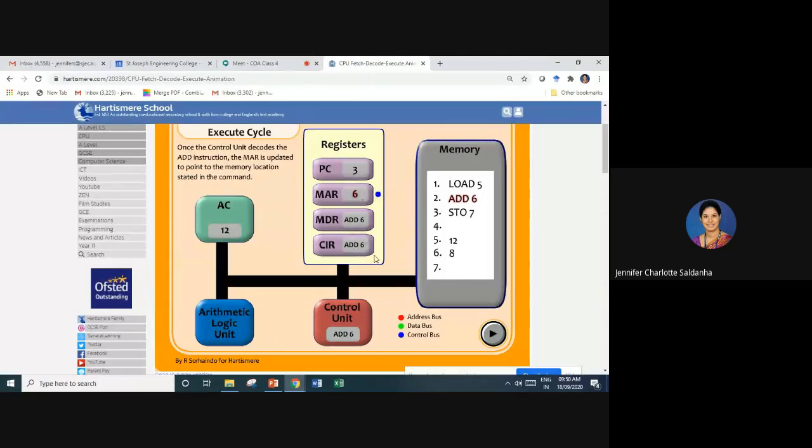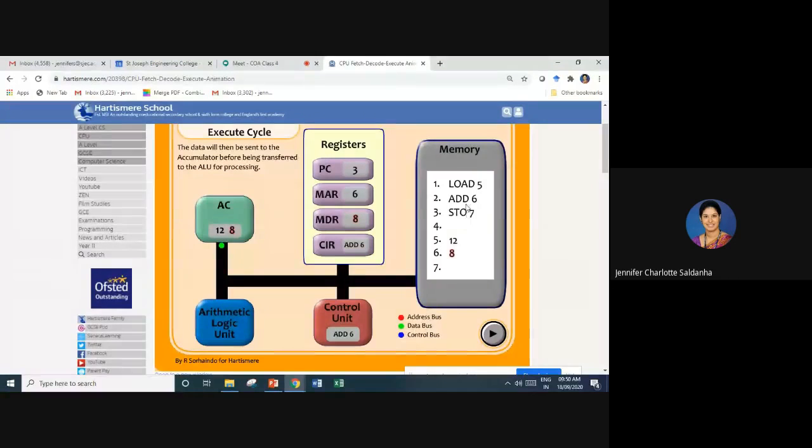From MAR, the address will flow to memory along with the control signal which is read. Now the operand, 8, from the addressed location is placed into the data bus and it is transferred to MDR. From MDR, where will it go? Accumulator. Yeah, accumulator. Since it is an operand, it will go to the accumulator.